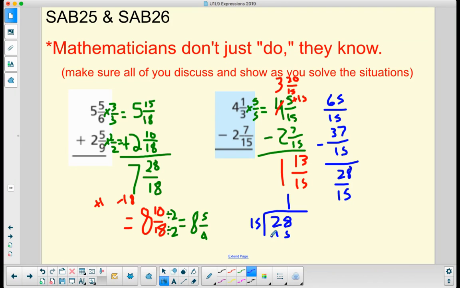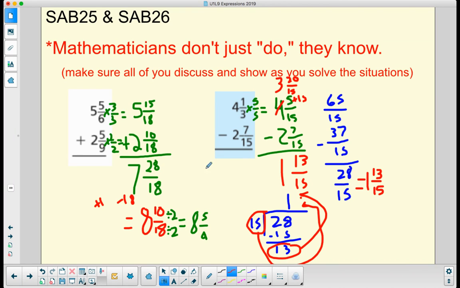And when I subtract, I have 13 remaining. 13 is what was left of my numerator 28. So it goes up as my numerator. And the size of those pieces were 15ths. So they are still 15ths. So it ends up equaling 1 and 13 15ths.